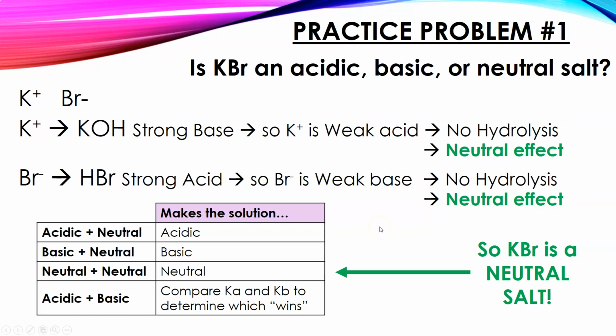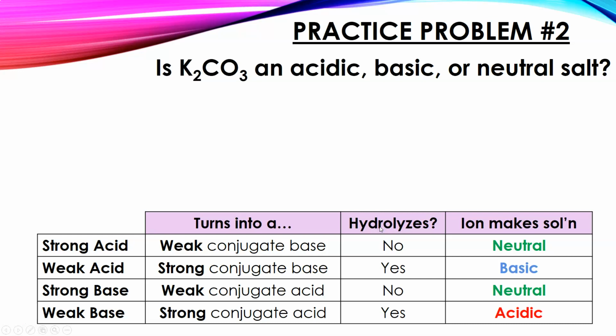Number 2. This time is potassium carbonate acidic, basic, or neutral? We need to think about our individual ions. If you don't recognize polyatomic ions, that's going to be tough, right? So now we can say, well, okay, potassium.